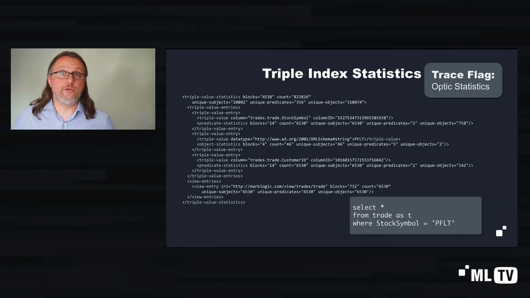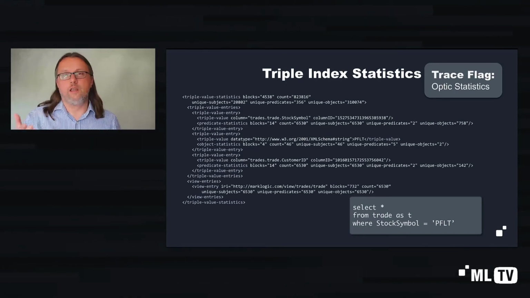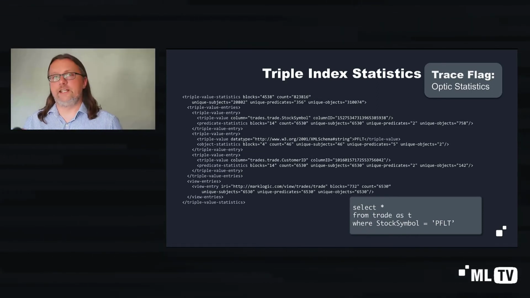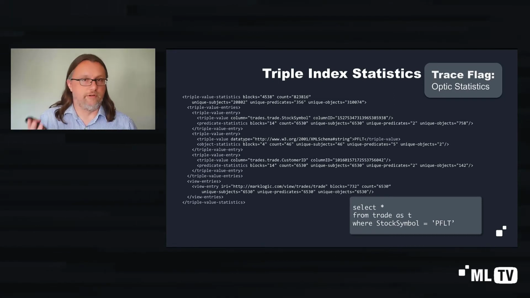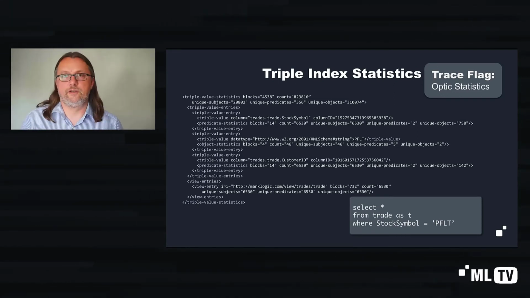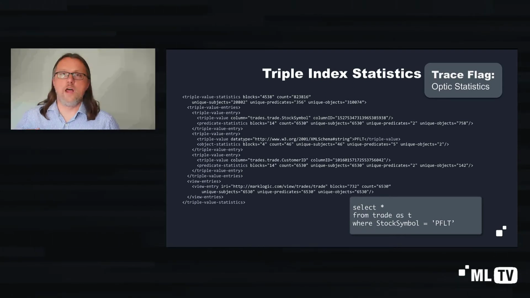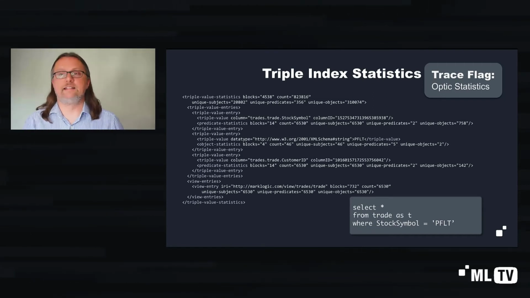So if you use the optic statistics trace flag, you will see output like this XML in your logs. And this output contains information that gets gathered for input to the cost function. So you'll see a total count of rows, and you'll see unique subjects, for instance, on some of the triple index access statistics here. You'll also see an entry here for the view that's being accessed and the number of rows that it has.